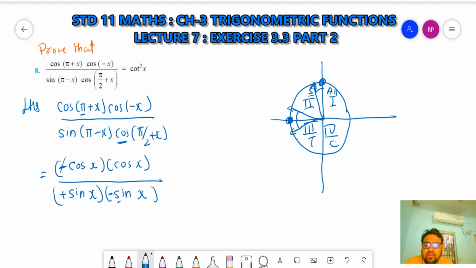Minus minus gets cancelled. Cos x by sin x is cot x, so this is equal to cot square x, which is equal to RHS. Hence, it is proved. So this was question number 8. Just note it down.